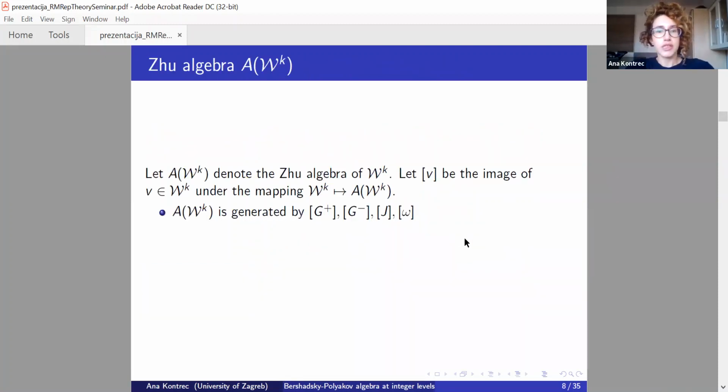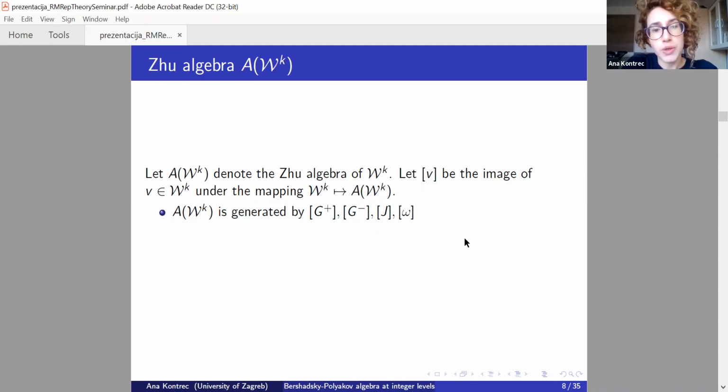Okay, so just a bit of context. The representation theory of the Bershadsky-Polyakov vertex algebra, I believe, was first studied by Tomoyuki Arakawa, who published the result in 2013. And he proved that for half-integer levels k, the Bershadsky-Polyakov vertex algebra is rational. In his paper, he used a special class of associative algebras called the Smith algebra.